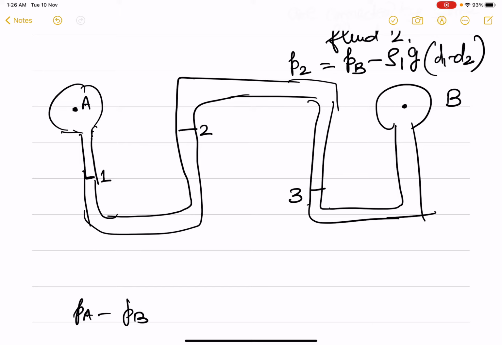These are all different fluids. This fluid here is fluid 1.